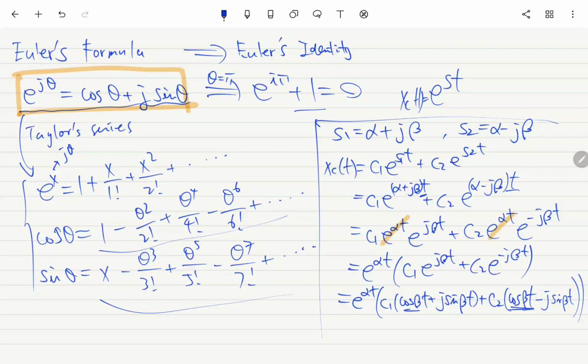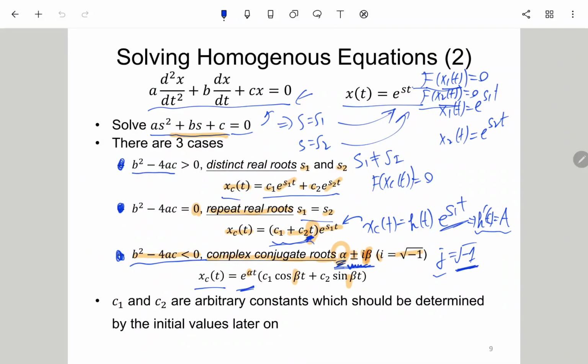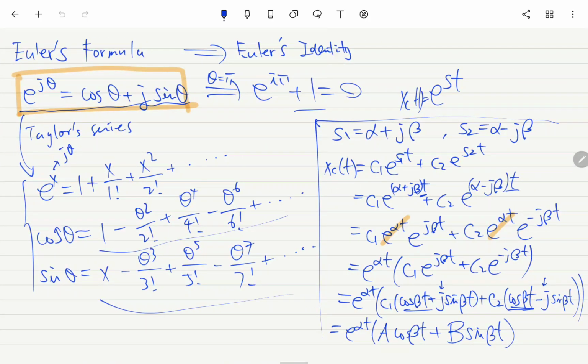So we have e^(αt) times something, let's say, cosine of βt, and then plus something times sine of βt. You may ask, we have an imaginary number here, but of course this original function is a real function, so we expect that this should be real valued.